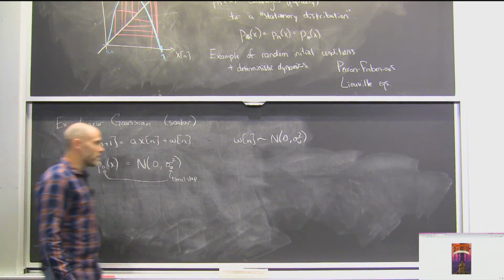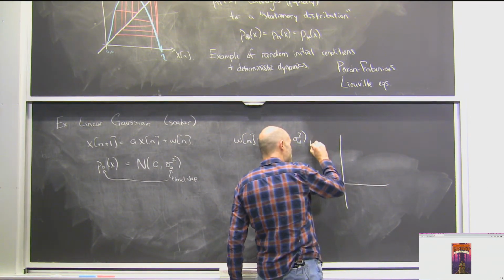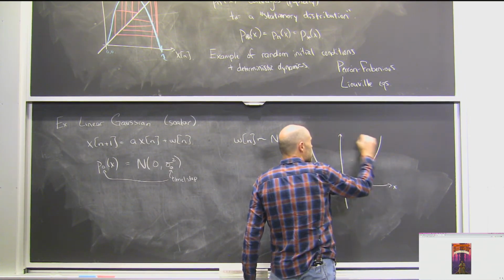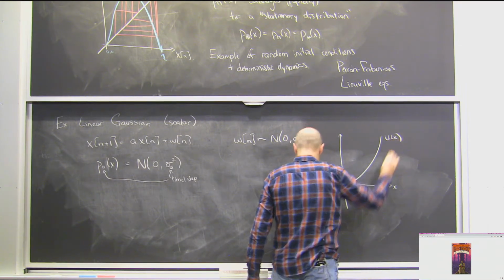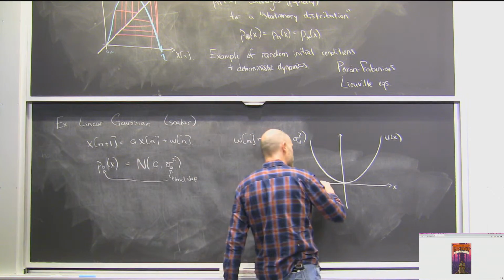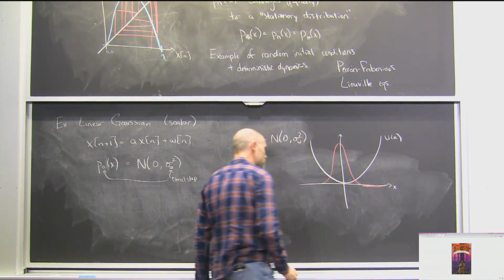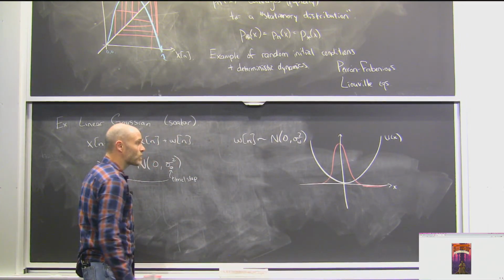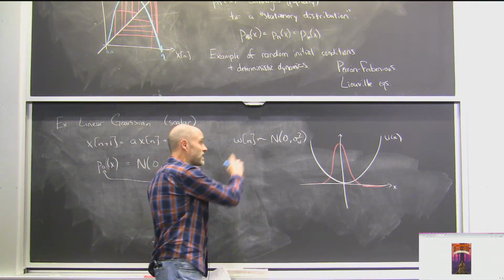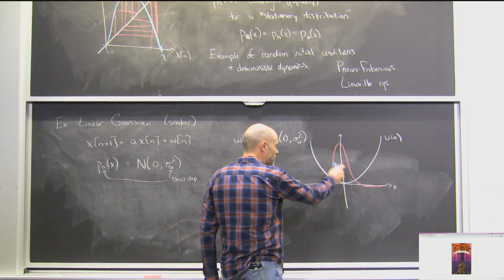So I've got my quadratic potential function. And I've got an initial distribution, which is some Gaussian. And I'd like to ask how that Gaussian evolves, given that I've got another distribution of noise that's added on every single time step. And I've got two competing dynamics.